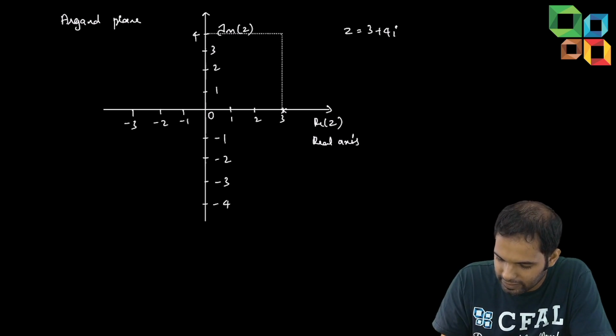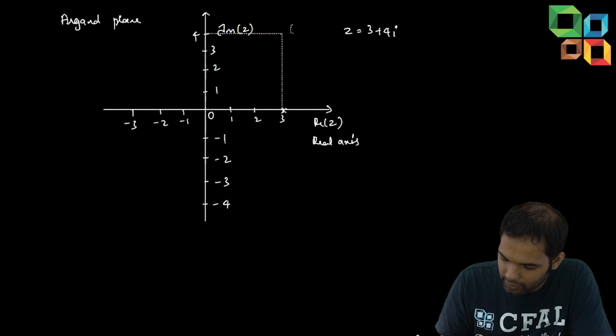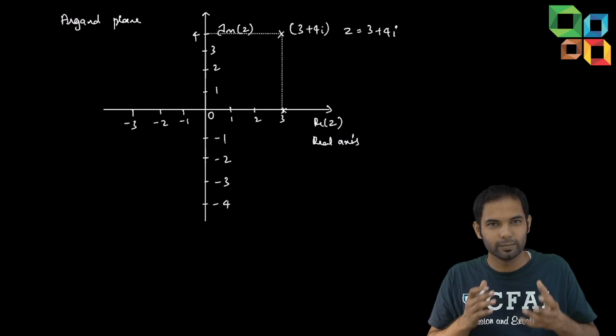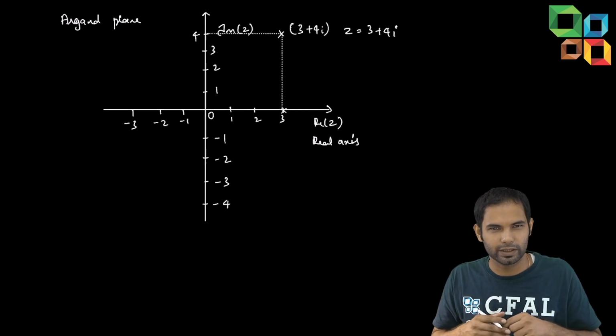Now this point is nothing but (3, 4), or to write in terms of complex numbers, it's 3 plus 4i. So you're talking about this point itself. It's somewhat similar, but you can see that I can represent a complex number here.